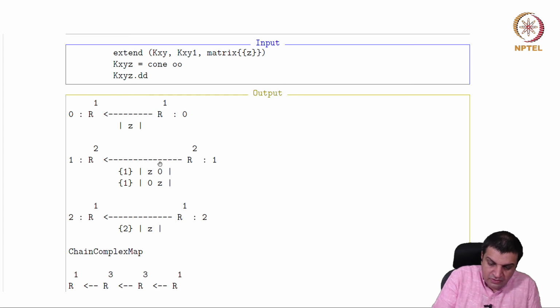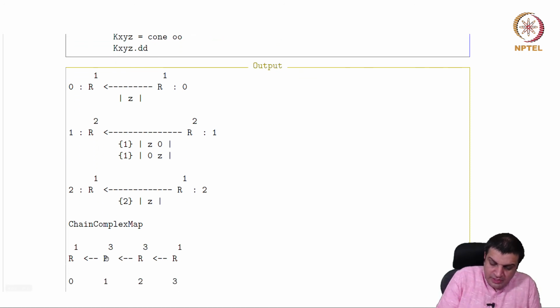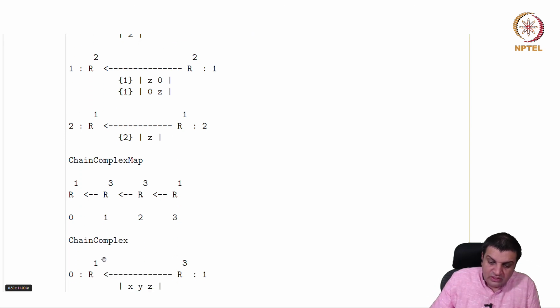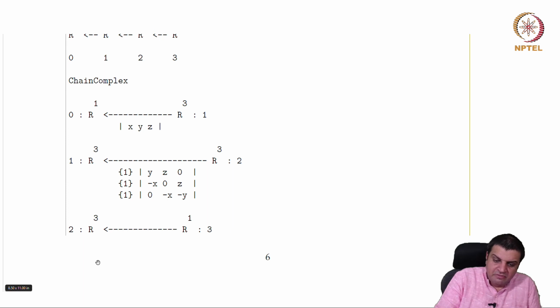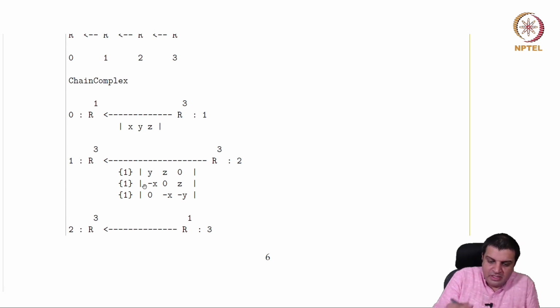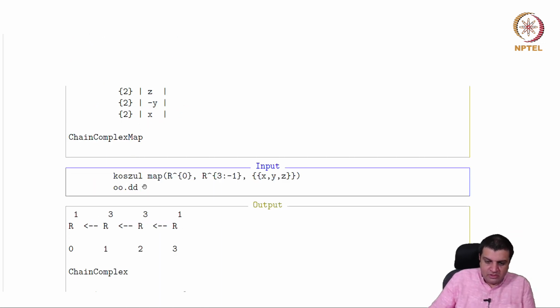So this is shifted, and everywhere it's multiplication by z. Here there are 2 factors, so it's a 2 by 2 matrix. Then we ask for its cone, so we get something like this with 1, 3, 3, 1, and we ask for its maps. This is what we get. If you did this by hand, depending on the sign conventions, we might get slightly different signs, but it would be isomorphic to this.